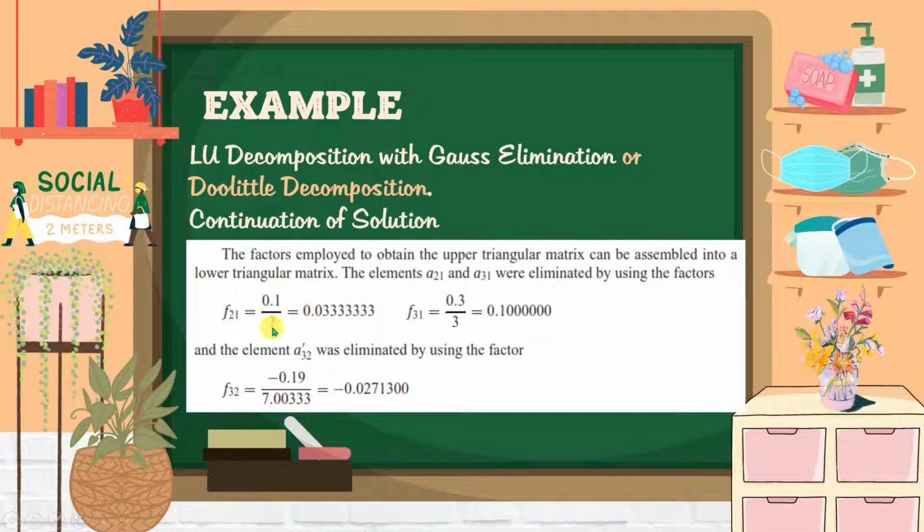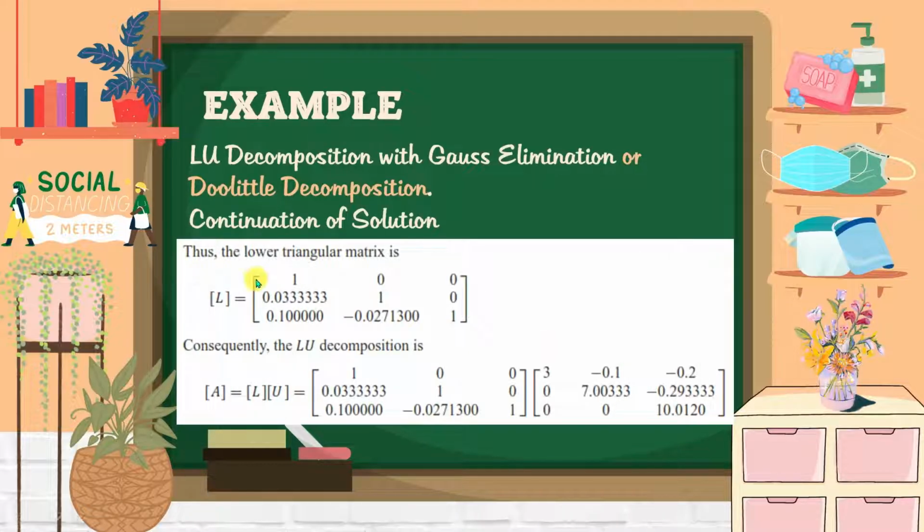You will notice this is part of the first modification during our process of Gauss-Jordan and naive Gauss elimination. And this is part of our second modification in naive Gauss elimination. And during our Gauss-Jordan, this is part after the normalization of the second equation. So these are the factors used.